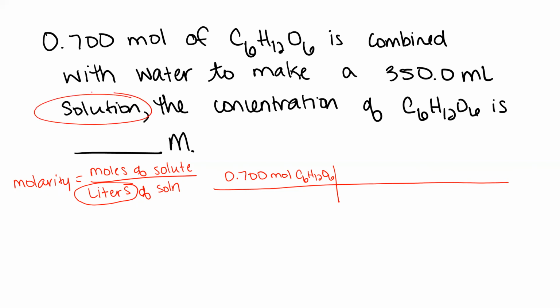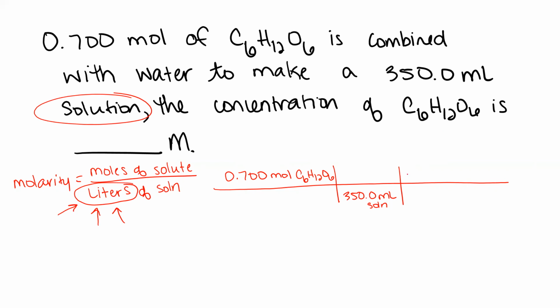We are not given the volume of solvent. We are given the volume of solution. And so we can write that down here. We have our 350.0 milliliters of solution, but we can't do this in milliliters because we know that it has to be over liters of solution. Therefore, we're going to convert.